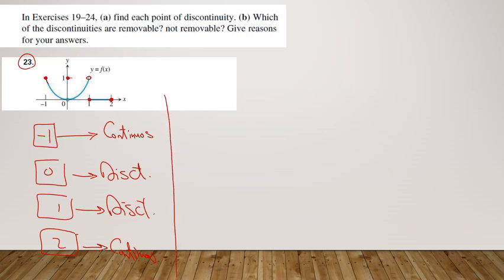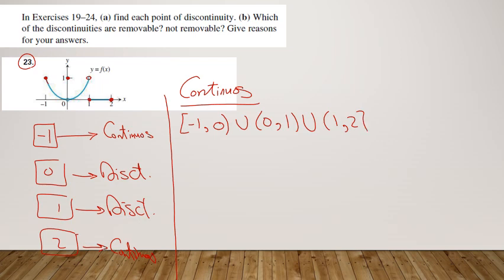But as intervals, let's write here what is continuous. The function is continuous from the point negative 1 closed to the point 0 open, and from the point 0 open to the point 1 open, and from the point 1 to the point 2 closed, because I have the point 2.